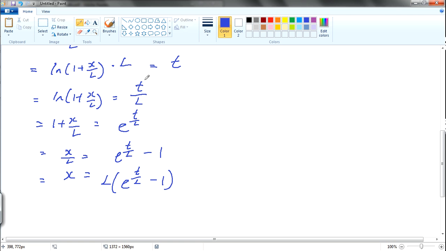You just bring this down over here because they multiplied. So this one will come down, and this explains why we have this thing over here, and then 1 plus xl.